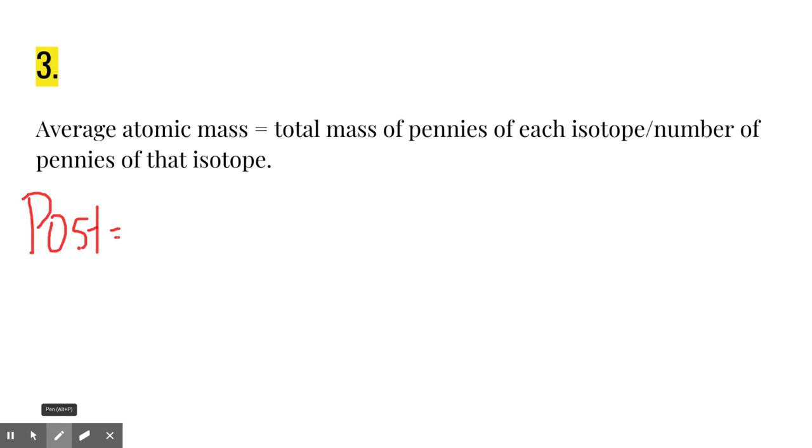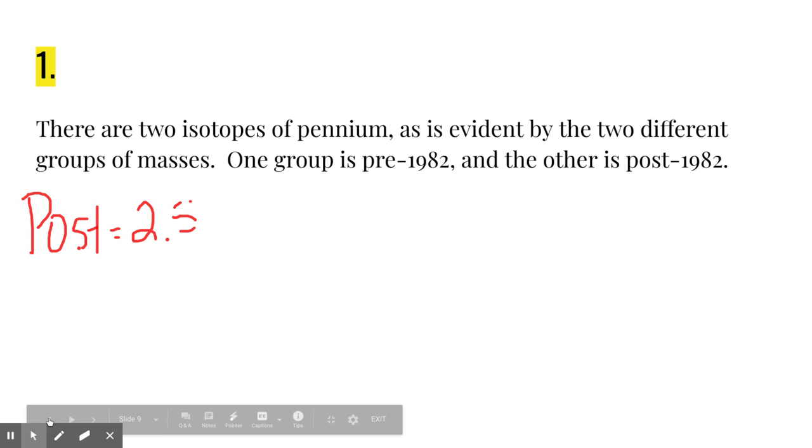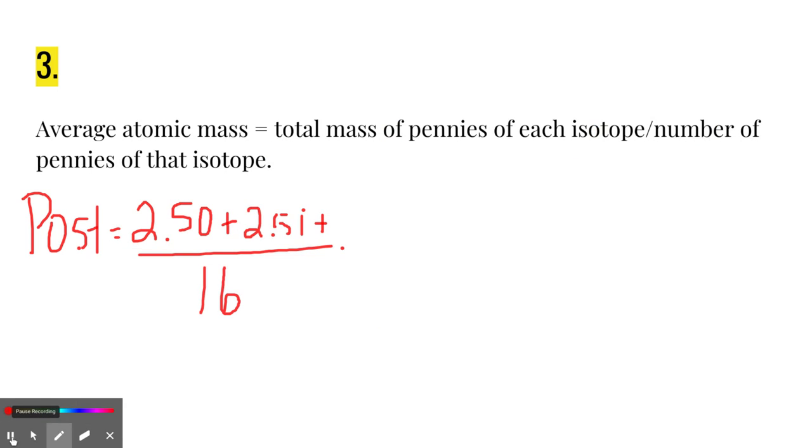So I'm just going to start going right on down my list here. So my first post, I have 2.5, I have 2.50, I have 2.48. So I'm going to start adding all of my posts up together. Once I have added all of them together, I am going to divide by 16.